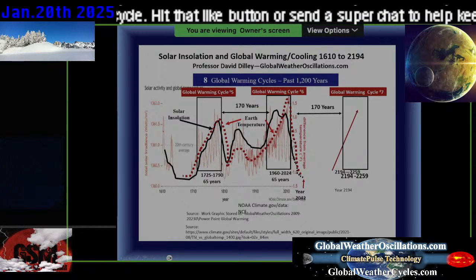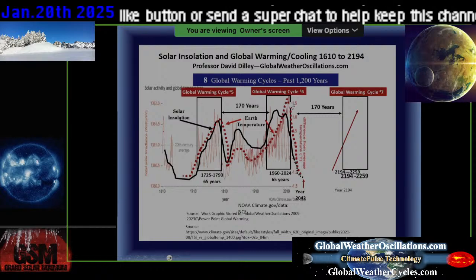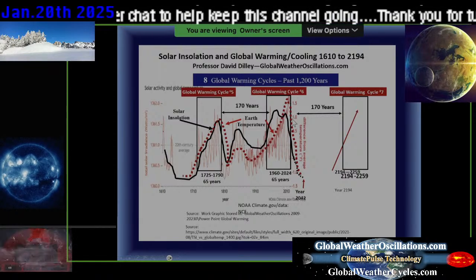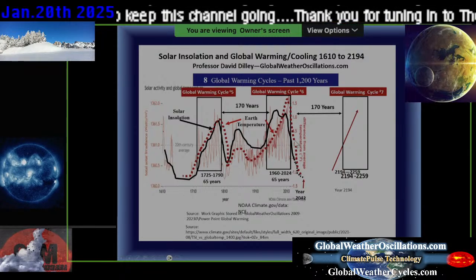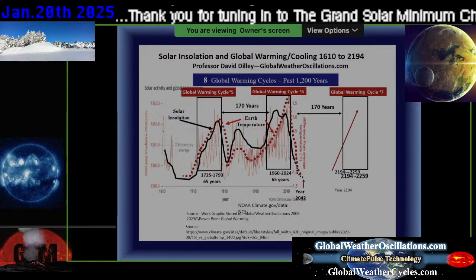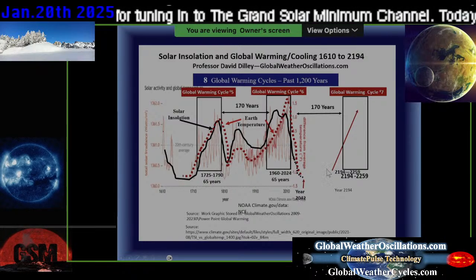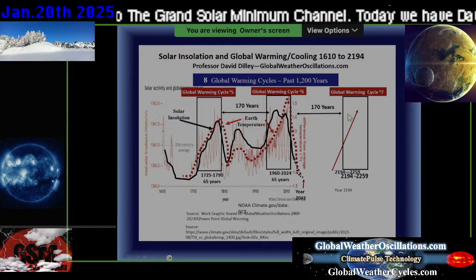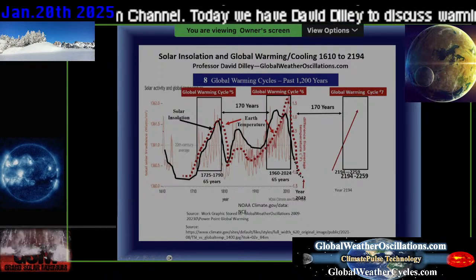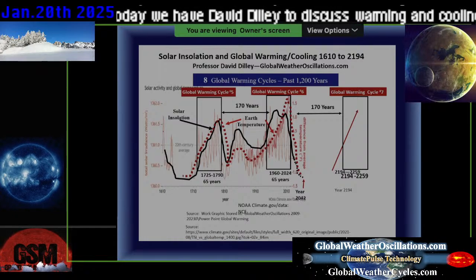And that is about to end, the solar cycle. So we should start seeing a big dip in the solar cycle readings and also the world temperatures. We should be going into a global cooling cycle. Next global warming cycle, number 7, will be way out around 2100, 2150 to 2190, somewhere in there.